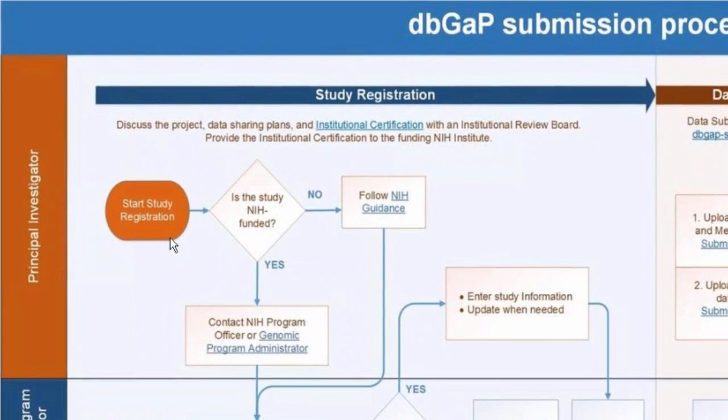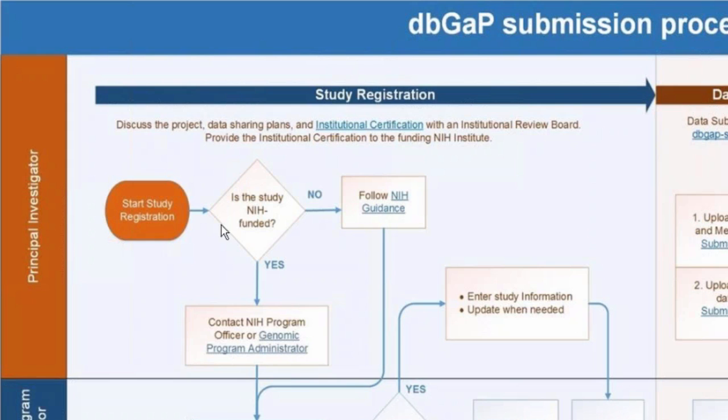The process starts when a principal investigator wants to or needs to submit data to dbGaP. The first question is the study NIH funded? And if yes, then you need to contact your NIH program officer or Genomics Program Administrator if you're intramural, which I think a lot of you are.